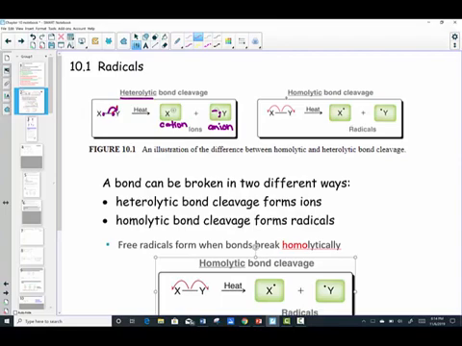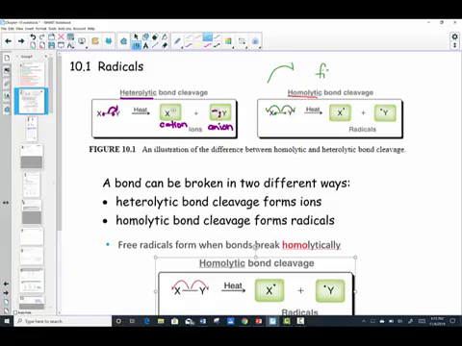Let's compare this now to what's happening in homolytic bond cleavage. Again, a shared pair of electrons in a single bond. When this bond breaks, which is what cleavage means, 1 electron goes with element X and 1 electron goes to element Y. Now notice the single barbed arrow.